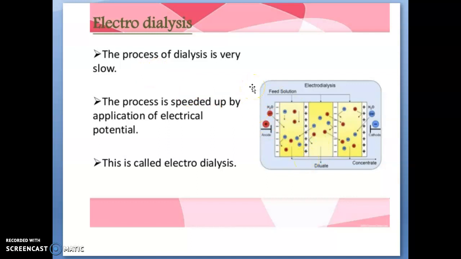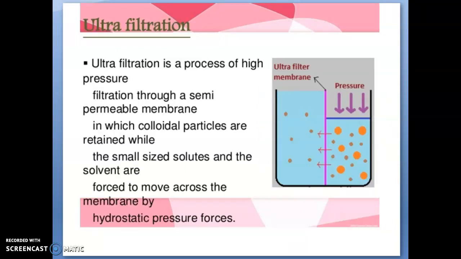Usually dialysis is a very slow process, so to increase the rate we use hot water or the electrodialysis process. Electrodialysis can accelerate the diffusion of impurities across the dialysis membrane.